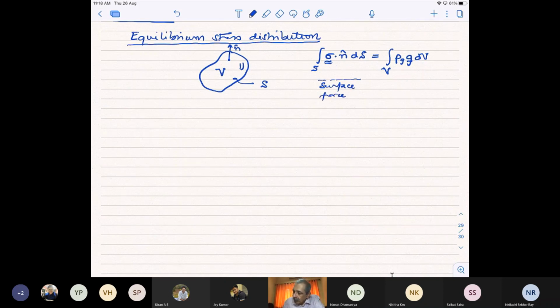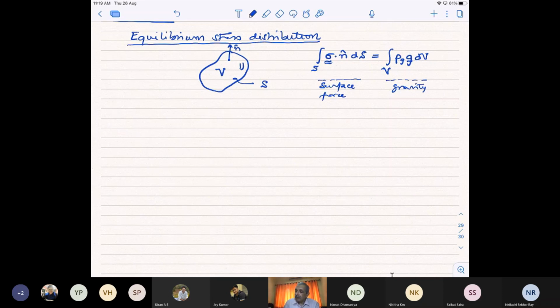So the total force acting on the surface, and this is the total force due to gravity. And these must be balanced at equilibrium.